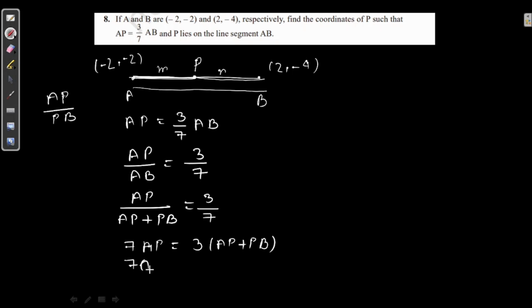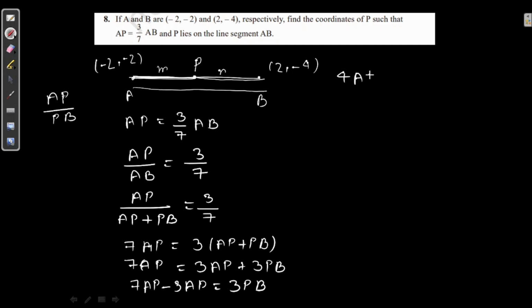So 7 AP will be 3 AP plus 3 PB. So this 3 AP will come here in minus. So I am writing 7 AP minus 3 AP will be equal to 3 PB. 7 minus 3 will be 4. So I am having 4 AP is equal to 3 PB.